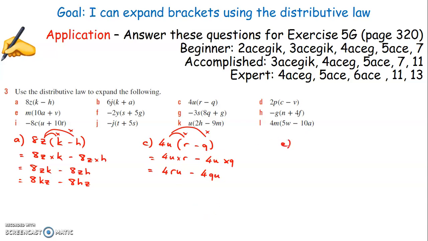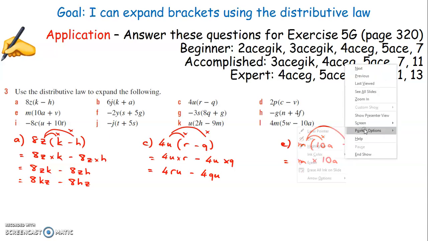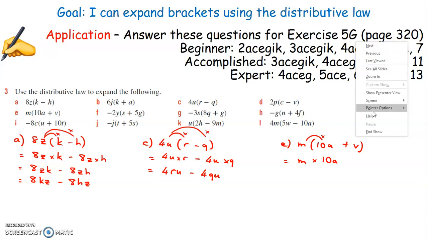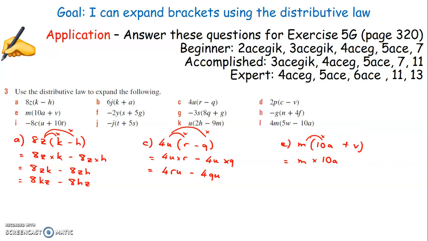Next one is E, m brackets 10a plus v. So m times 10a and then m times v. I'll fix the curve here so that it points to the v.